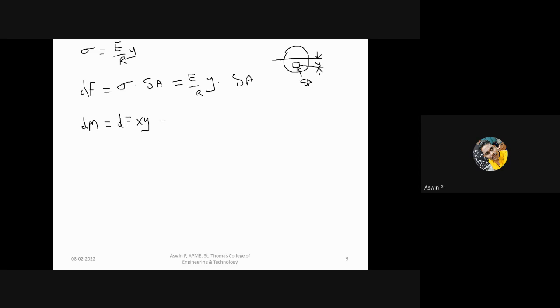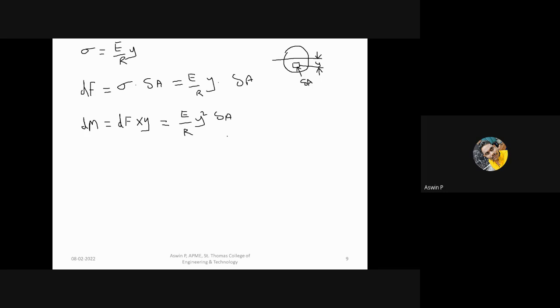When you substitute this, you get E by R. Already there is a y, and now we are multiplying by y, so that will become y square delta A.